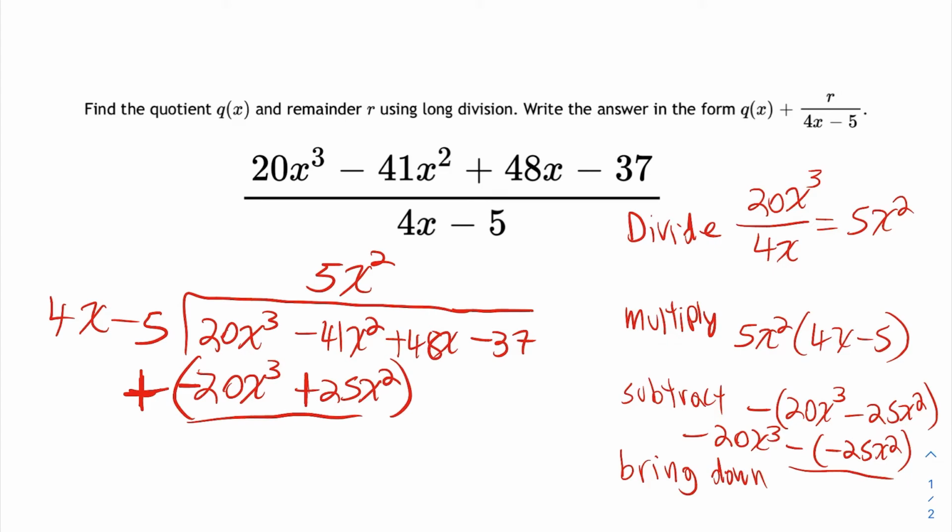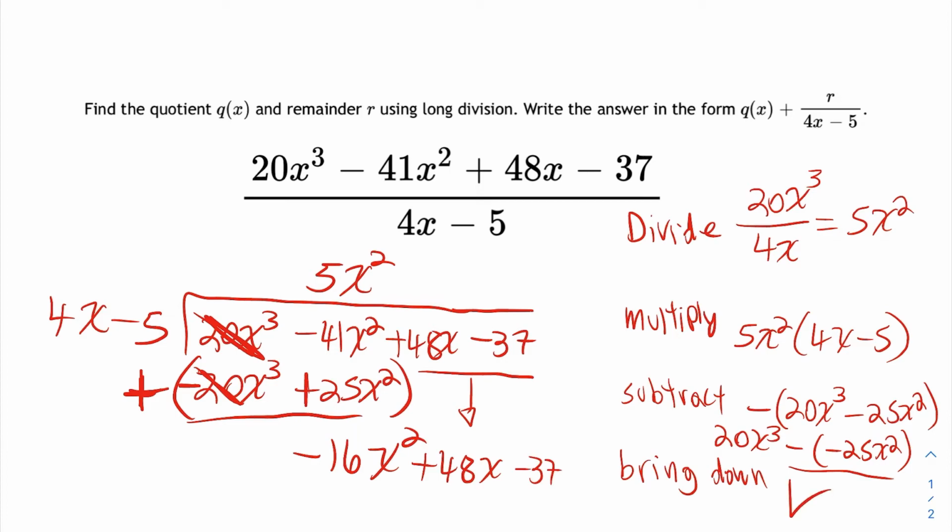So I'm subtracting the 20x cubed from the 20x cubed, and they cancel. And I'm subtracting negative 25x squared, which is actually adding 25x squared, to the negative 41x squared, which gives me negative 16x squared. So that's the subtract step. And then the bring down step means to just take the rest of that polynomial and bring it down. Plus 48x minus 37. And that's the first iteration of this process.